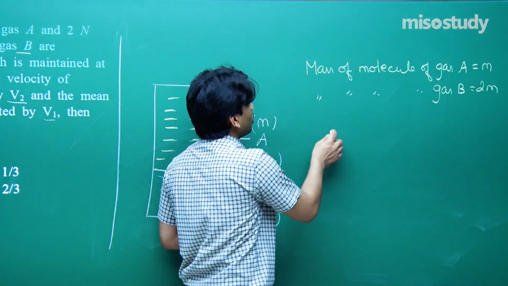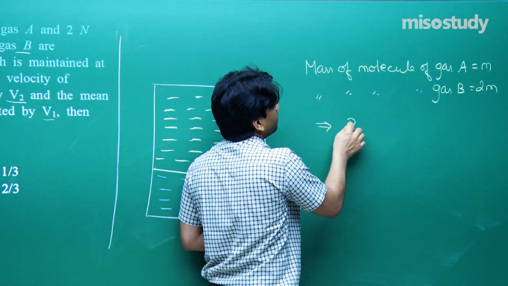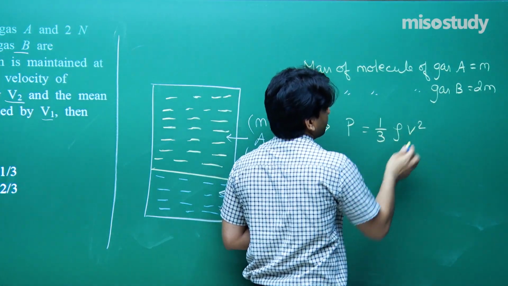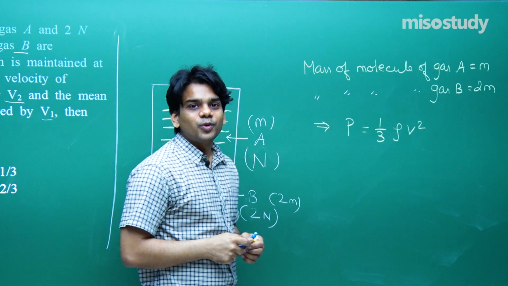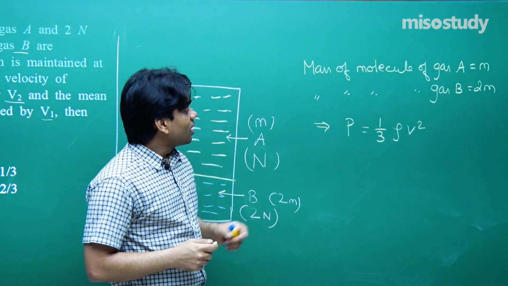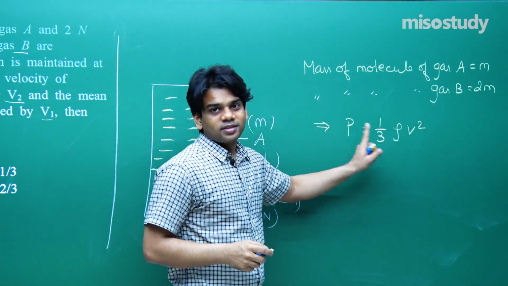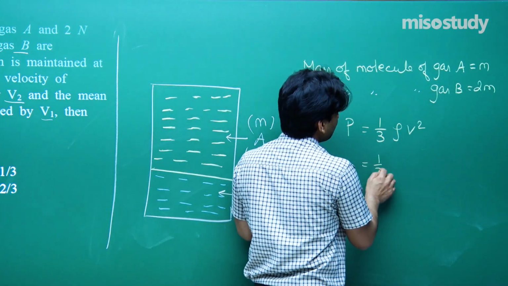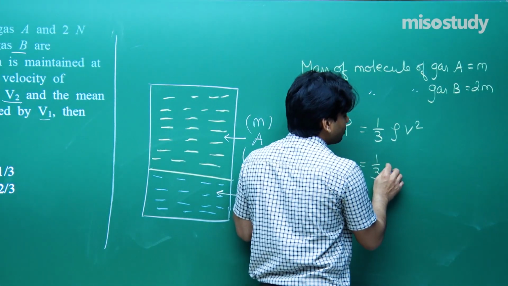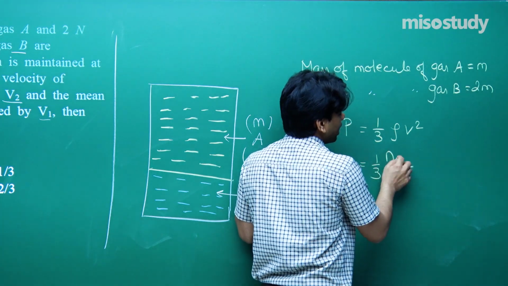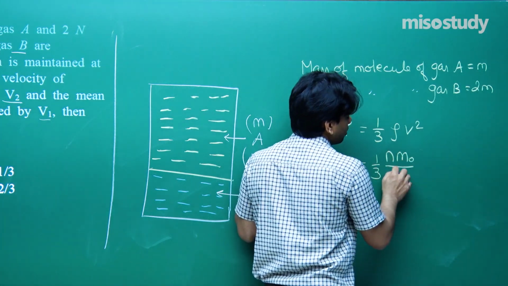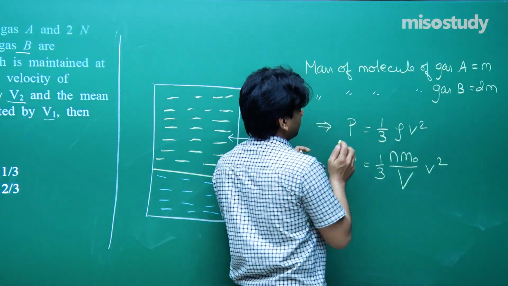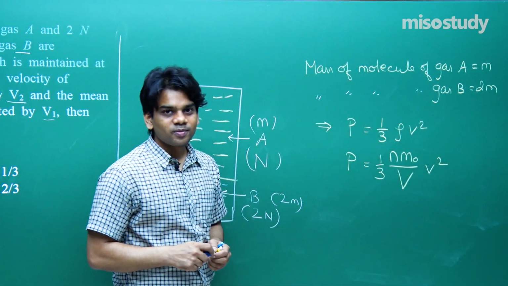Now just now I told you about the previous question, pressure is equal to 1 by 3 rho v square, where v is the root mean square speed. Now again, if I open this, rho can be written as N into m naught by total volume V, upon V square, pressure is equal to this.